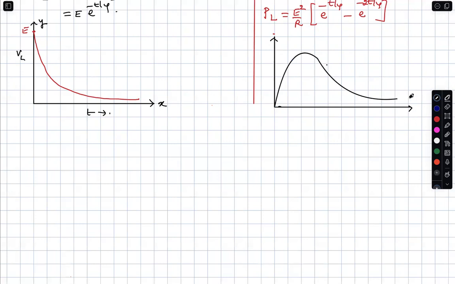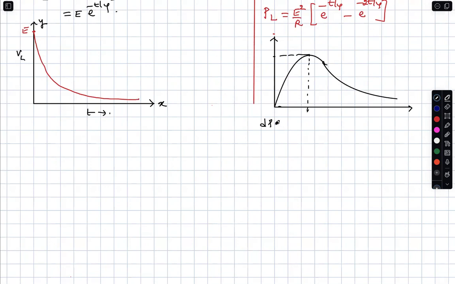I've tried my level best to draw this approximately. So it reached a peak.